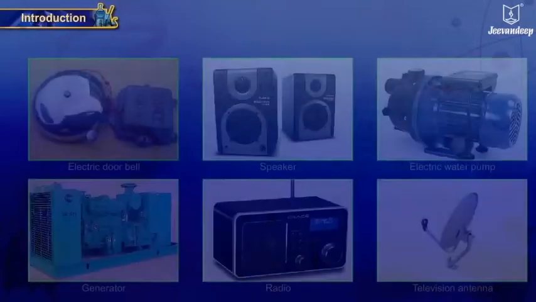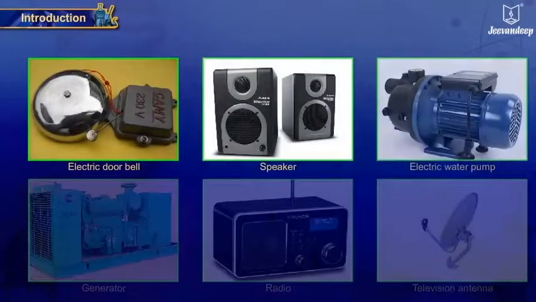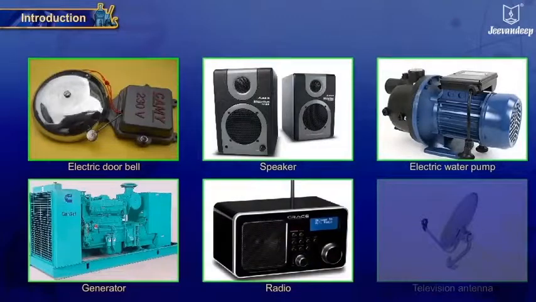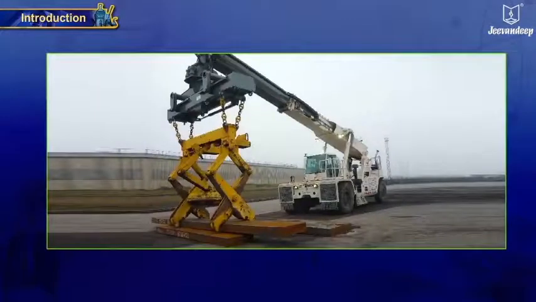The benefits of electromagnetism are quite common in our day-to-day life. For example, electric doorbell, speaker, electric water pump, generator, radio, television antenna, loading and transporting scrap in a steel mill with the help of electromagnets.